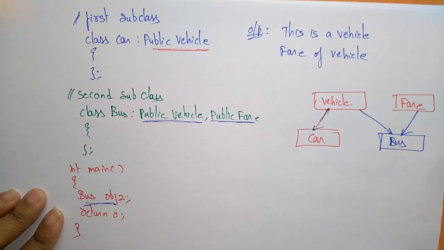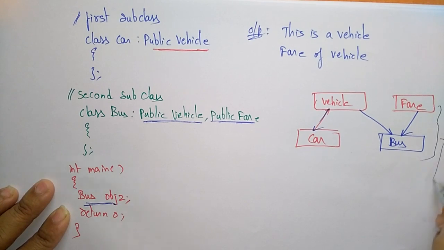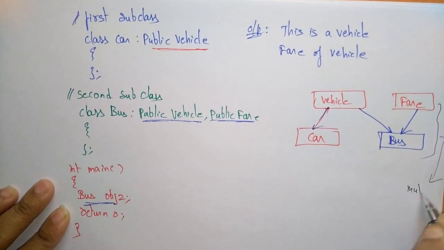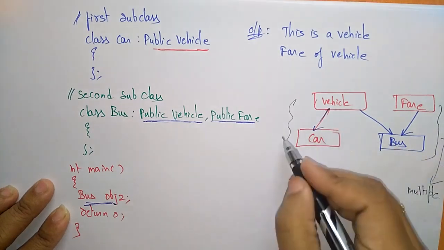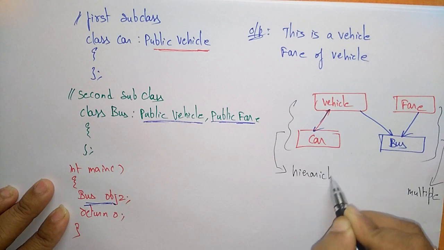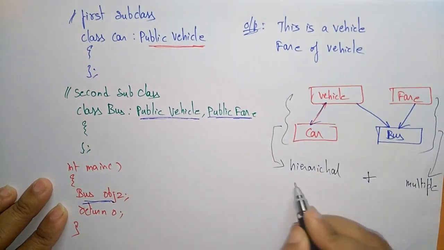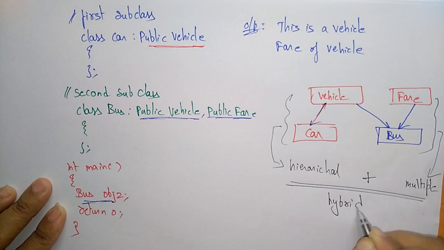This representation is nothing but multiple, and this representation you call hierarchical. So this is hybrid.